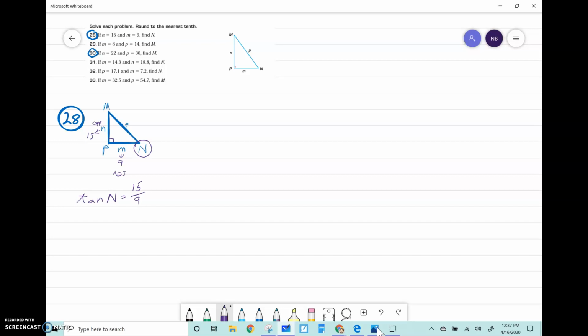What I need to do first is isolate my angle, as we did at the beginning of our chapter. So I'm going to move tangent over to the other side so I can solve for N.